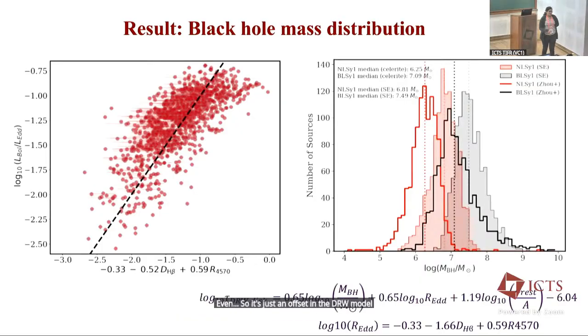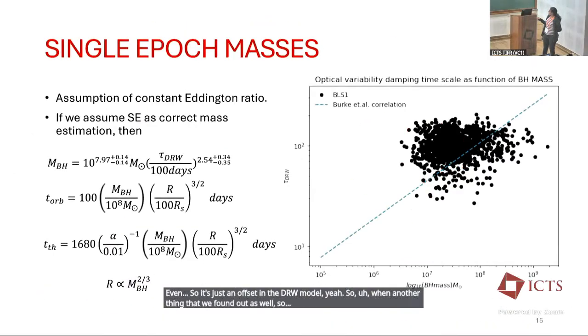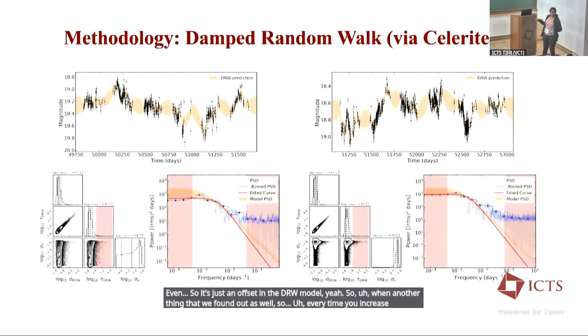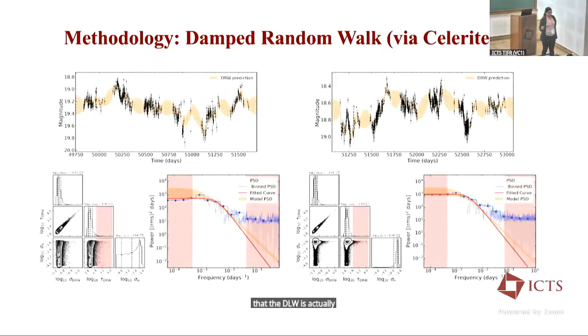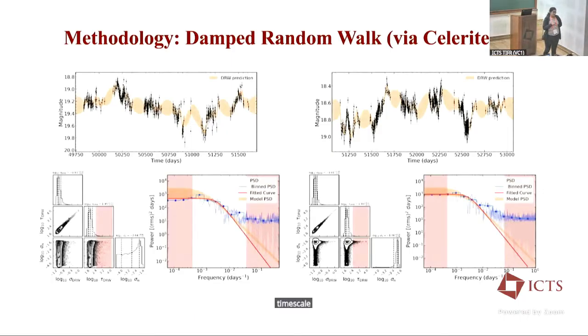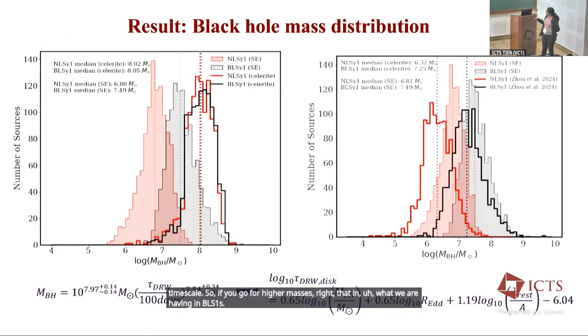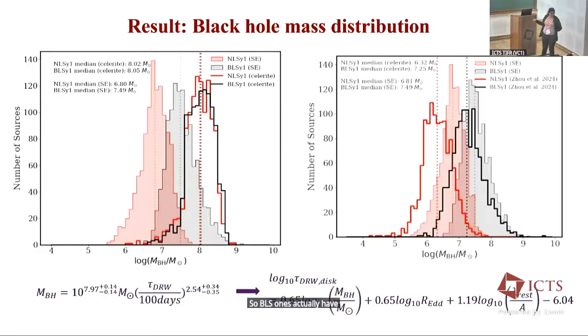One other thing that we found out as well: every time you increase the baseline, the DRW improves a lot. This is the bare minimum we have, because right now it's just 2000 days of timescale. BLS1s actually have a sample of higher masses as well.